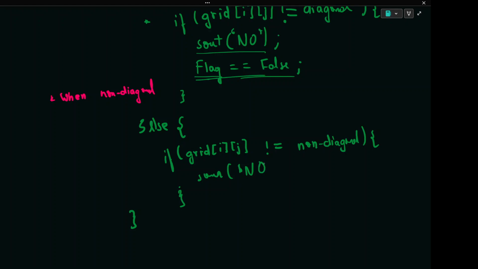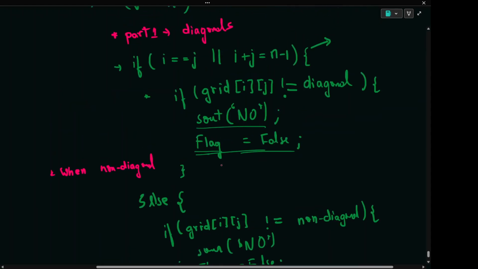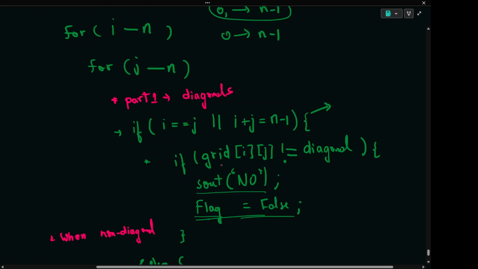So I'll print no and set this flag to false. Oops, not the double equal to. I'll set it to false. Now, before the loop starts, I will check here.